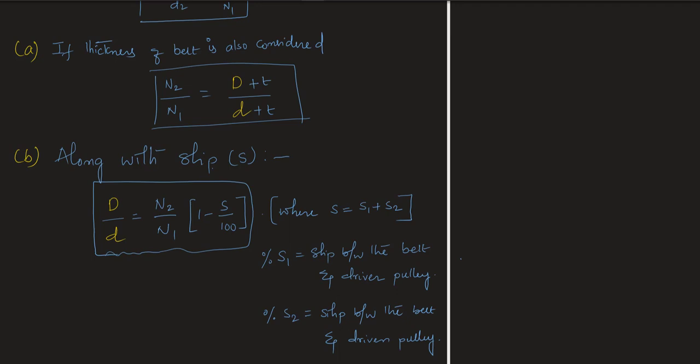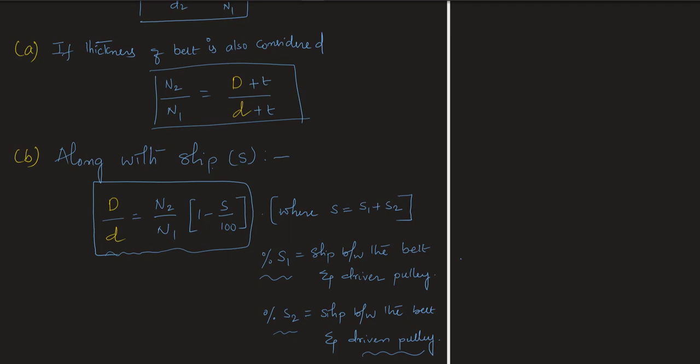Slipping of the pulley and belt takes place, due to which there is a loss in power, and that is called slip. Here S1 is the percentage of slip between the belt and the driver pulley, and S2 is the slip between the belt and the driven pulley.